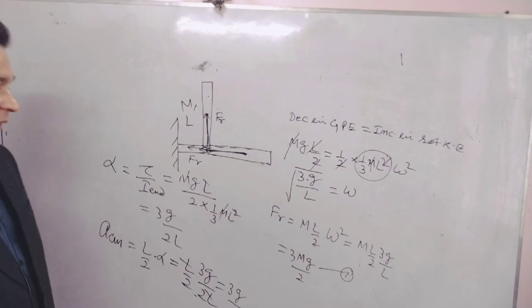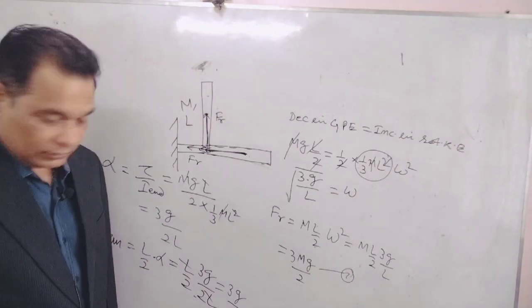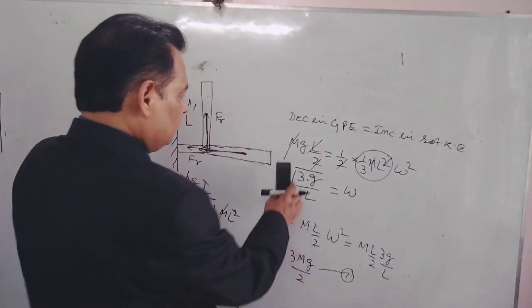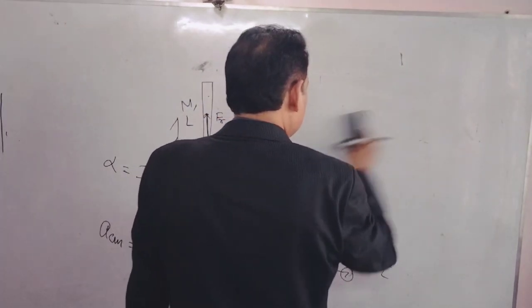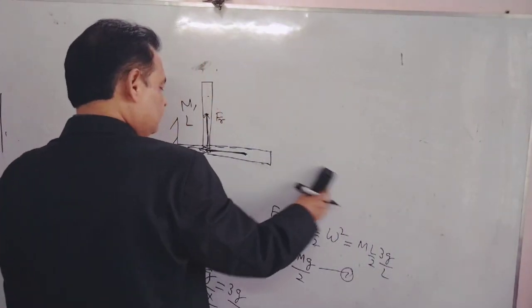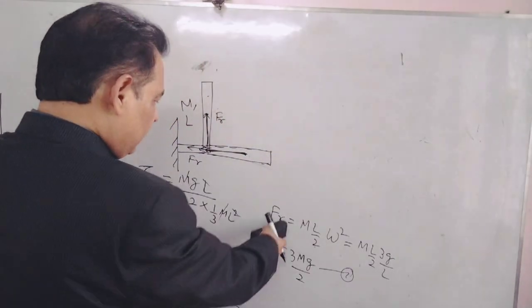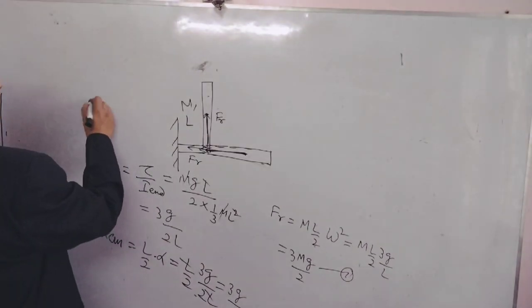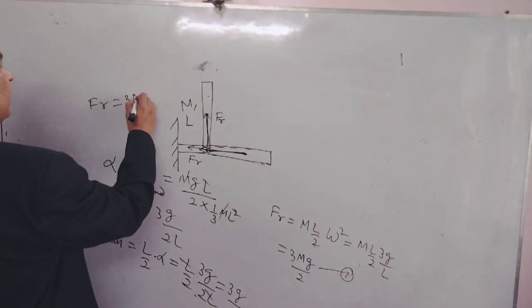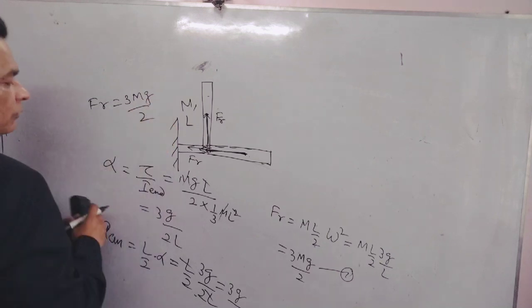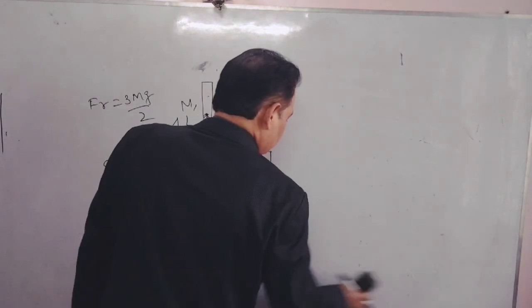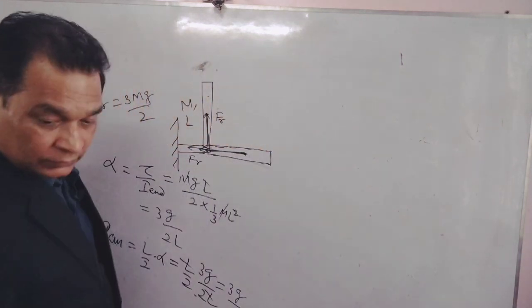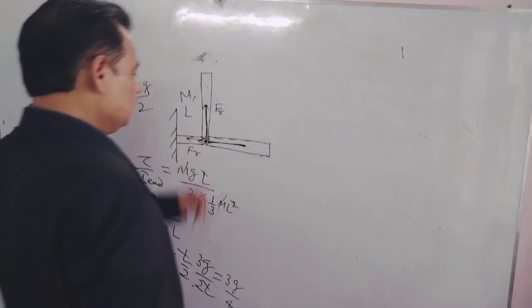But we can write the equation for this one. Now I am writing Fr here, Fr equals 3 mg by 2. We have to find the tangential force, or force vertical to this rod.